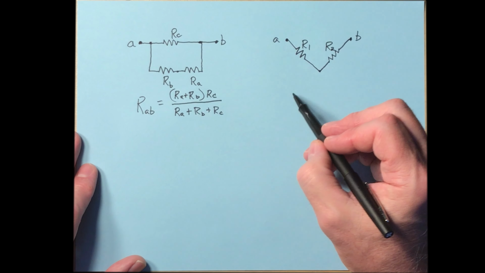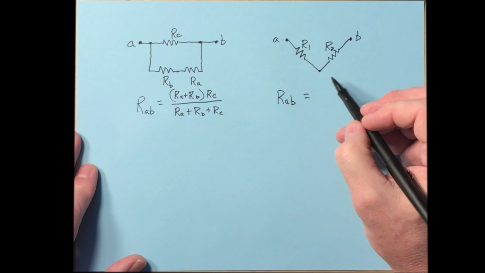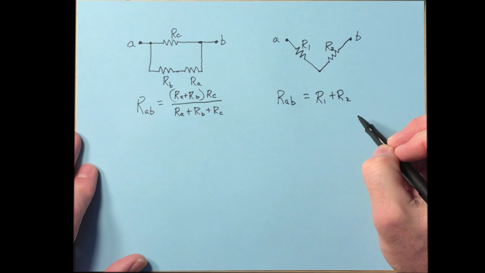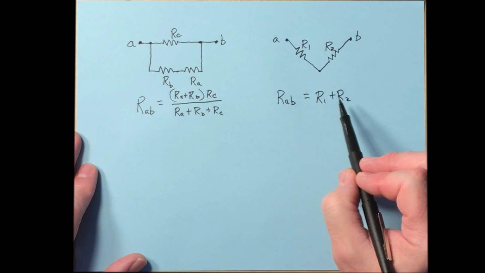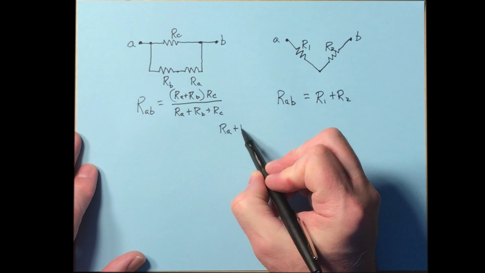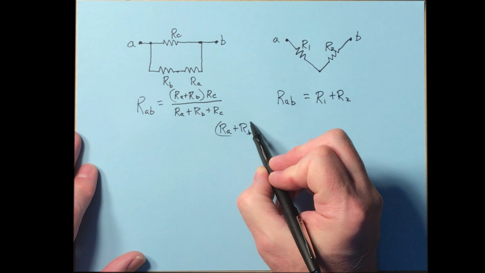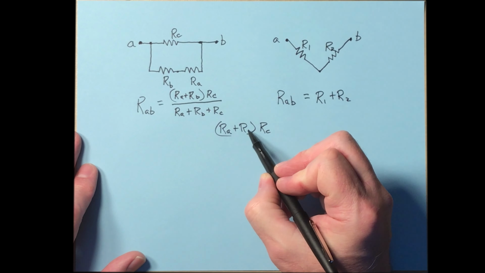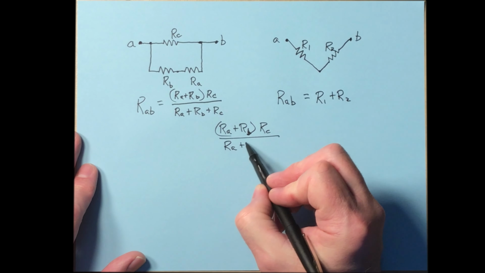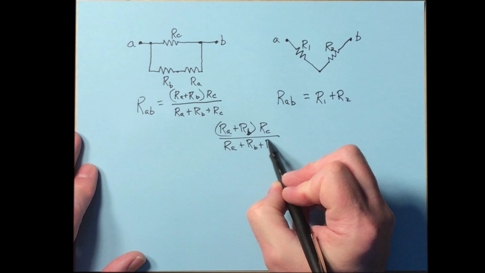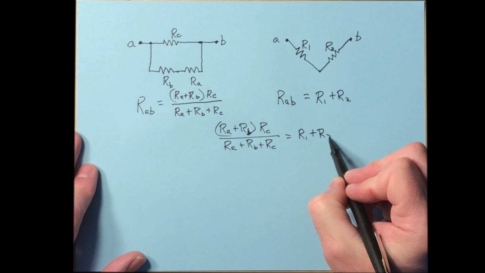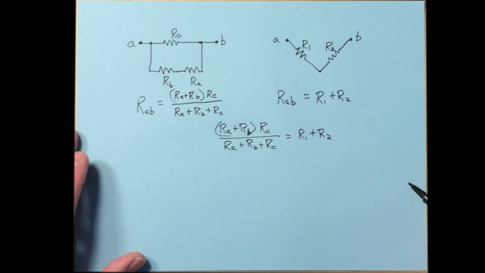Let's do R_AB for this circuit over here. Well, that's easy. That's just R1 plus R2. Now, if these two things are equal, then it must be the case that (RA plus RB) times R sub C, divided by RA plus RB plus RC, must equal R1 plus R2. That must be the case.